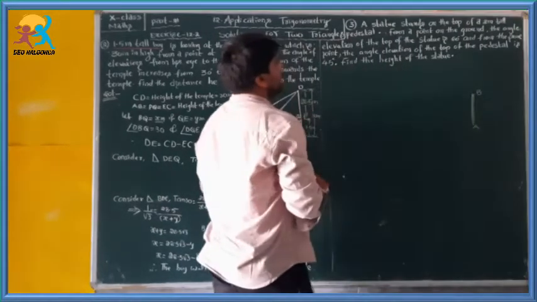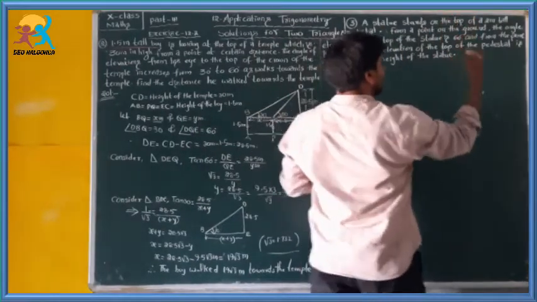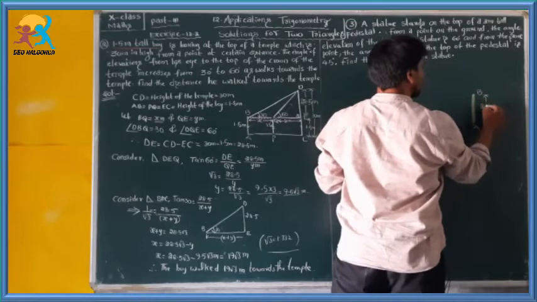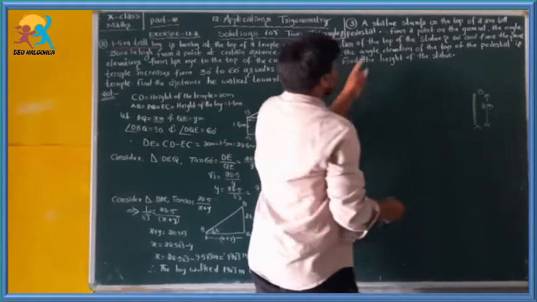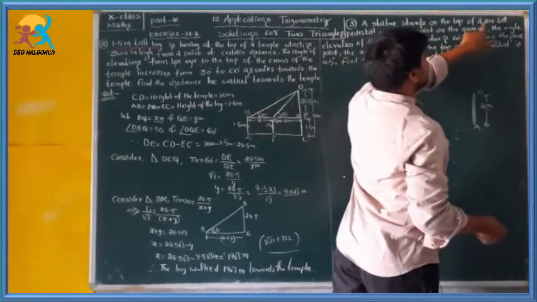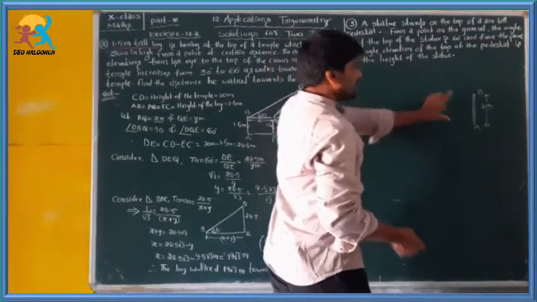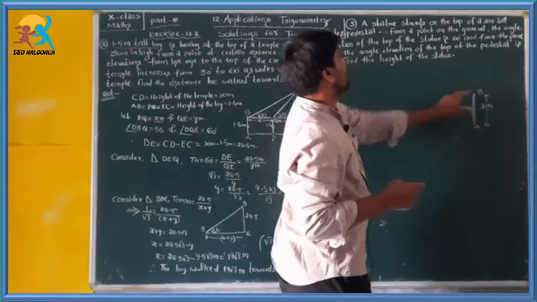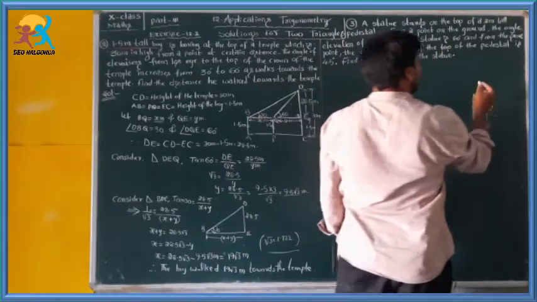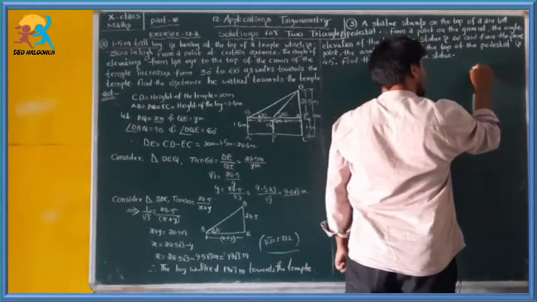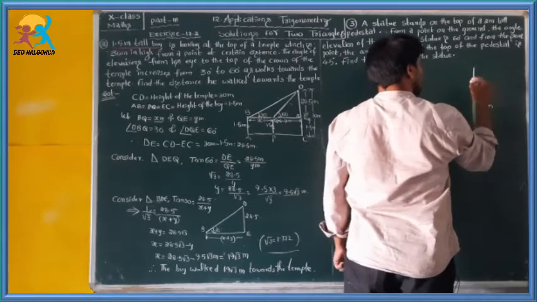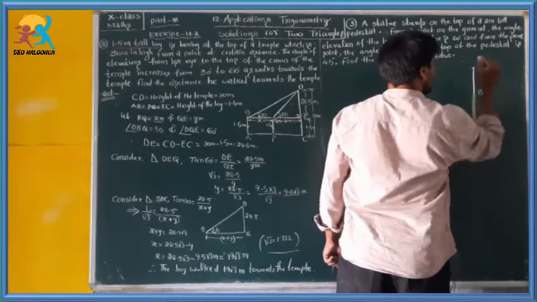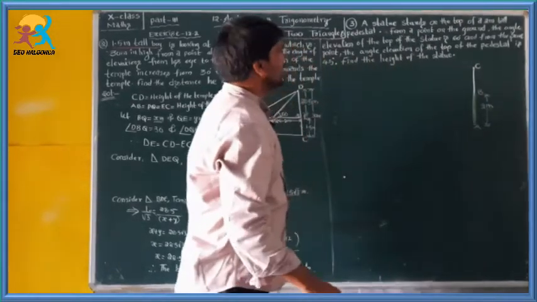The pedestal is 2 meters height as given in the question. First of all we have to consider the 2-meter height pedestal, and on the pedestal a statue is standing. So BC is the position of the statue on the pedestal.